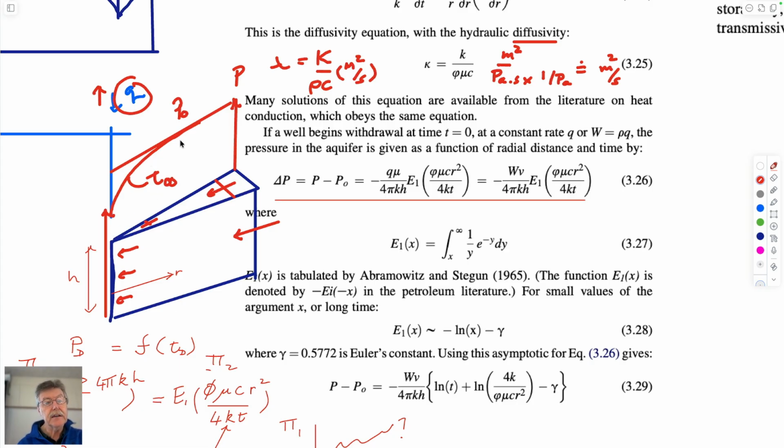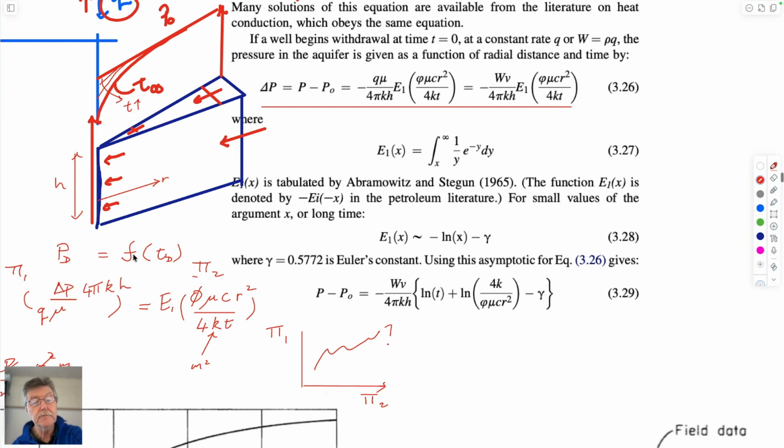And you'd expect that change in pressure to look different at different times. It would go from nothing to something. It'd be zero. It actually never reaches an equilibrium. It always keeps on going, which is a little quirk. But each successive time would look like this. So increasing time as you move down curves like this.